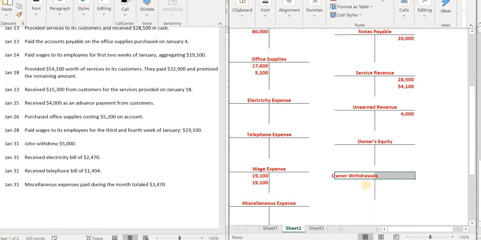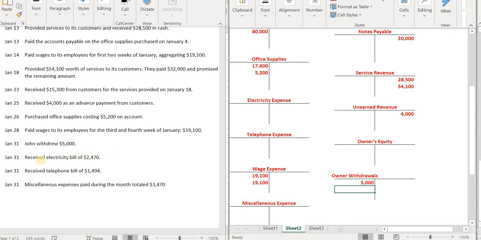We credited cash, so I'm going to debit owner withdrawals for $5,000. It's opposite his equity. Equity is a normal credit. It's going to be a debit because it's reducing his equity.